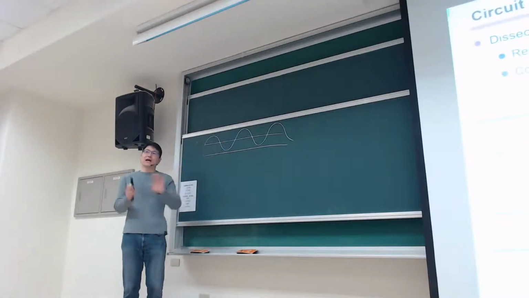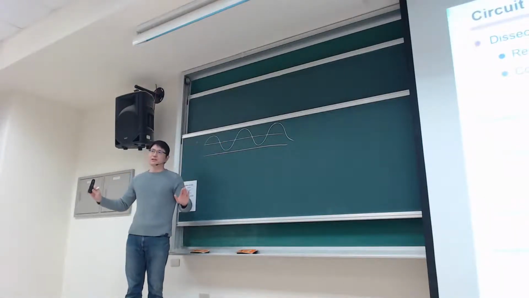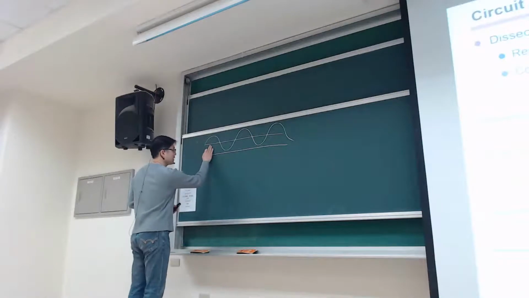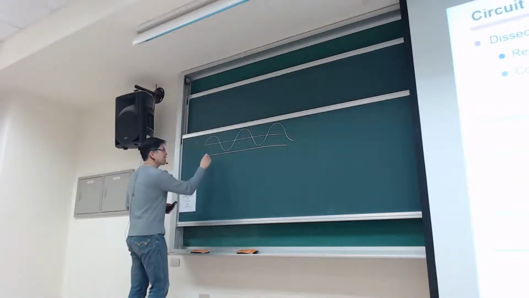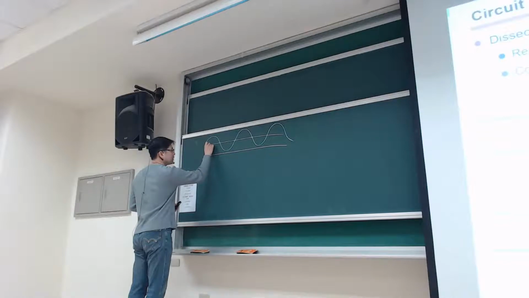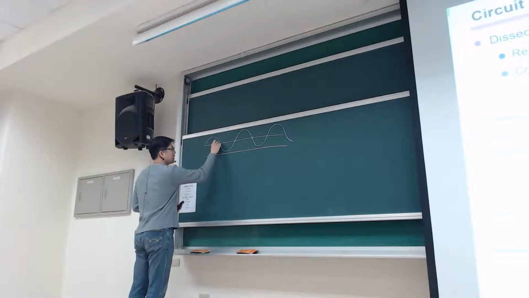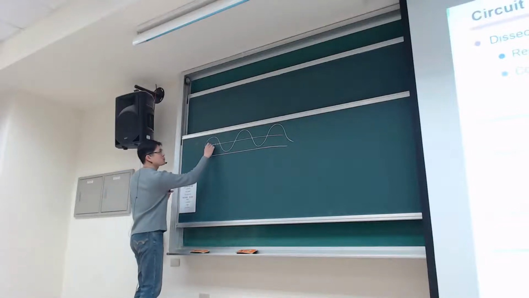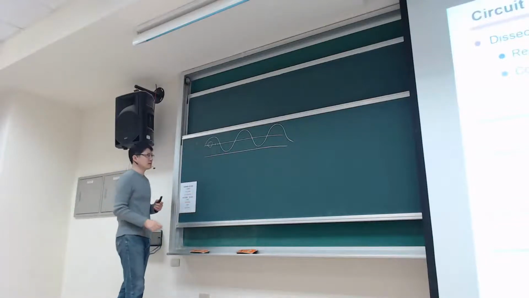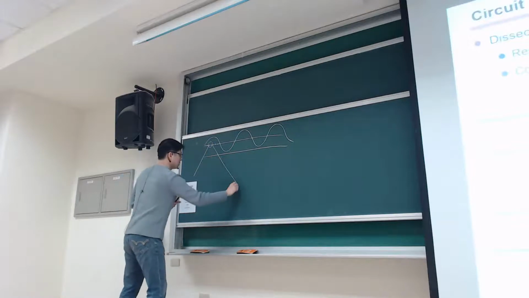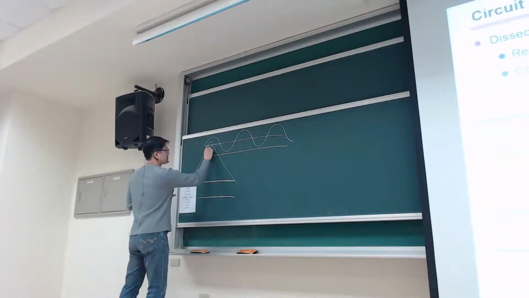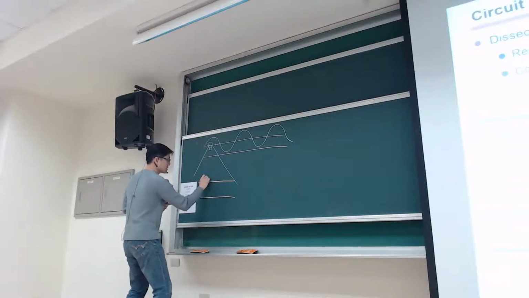For that case, I don't know how to formulate the transmission line. But the idea is that the transmission line would be the same if I divide it into a lot of shorter segments. So if I zoom in on a certain segment, this is delta Z, and now this is delta Z.